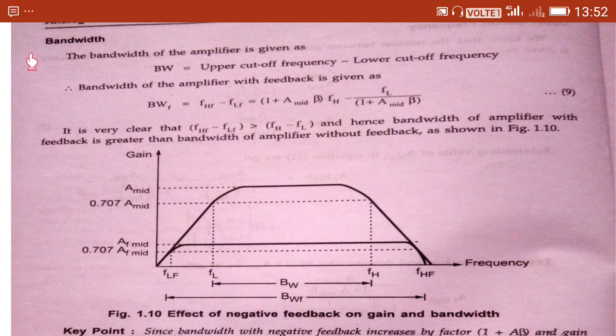For understanding the cutoff frequencies, we have to look into the frequency response curve of the amplifier. This is the frequency response curve of the amplifier.